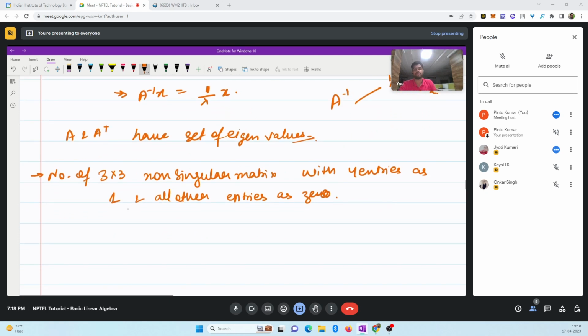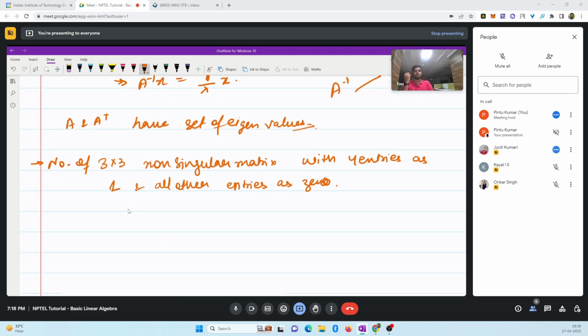Yes. Okay. See, for a non-singular matrix, what do you want its determinant to be? Determinant of A not equal to 0, right? So you should construct matrices so that your determinant is not equal to 0. And you have only 4 ones to fill, right?